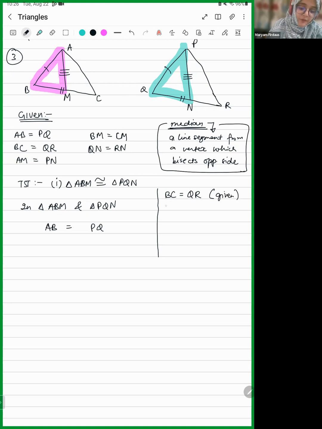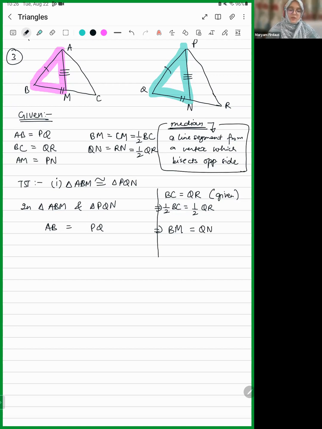So that means half of BC will be equal to half of QR, obviously. What is half of BC? BM. Half of BC is BM and half of QR is QN.